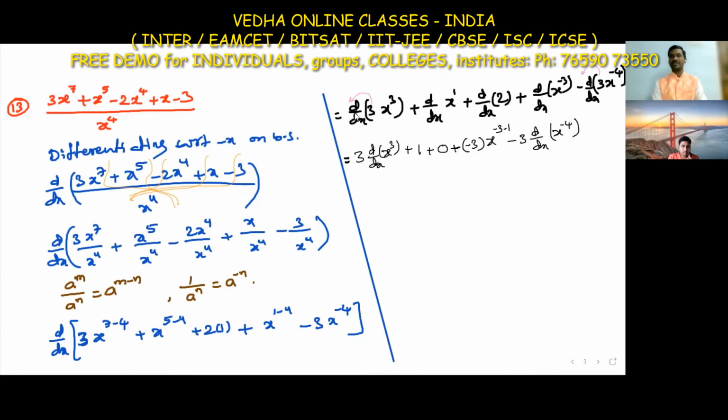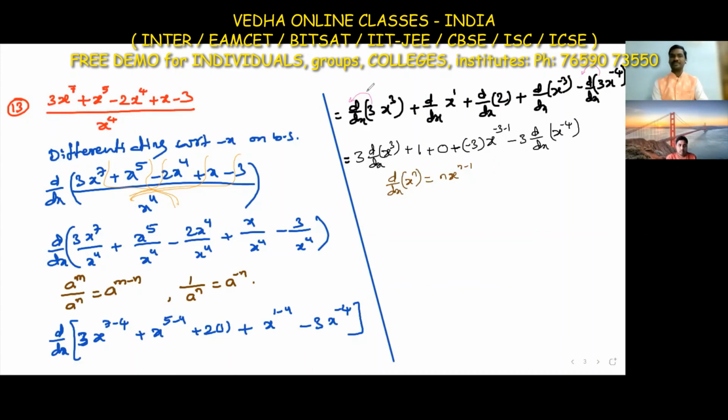Here we are going to apply the formula: d by dx of x power n is equal to n into x to the power n minus 1. We are going to apply the formula in the first term and last term, and the constant derivative is 0.